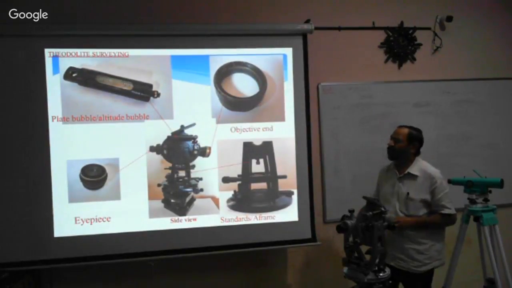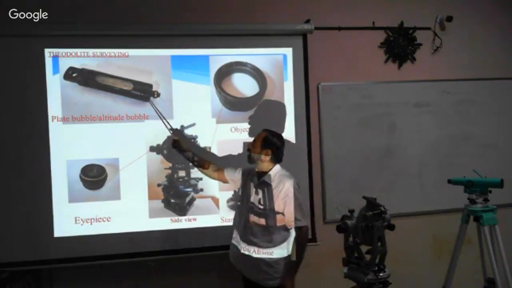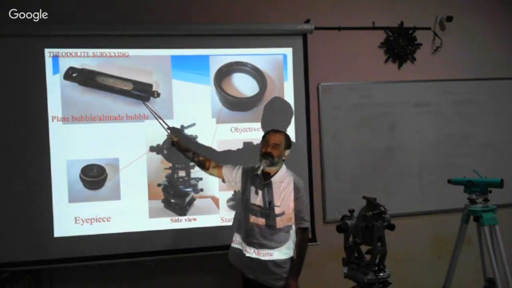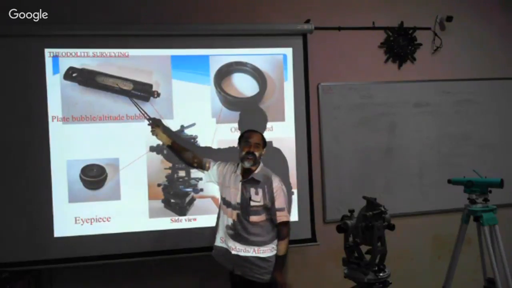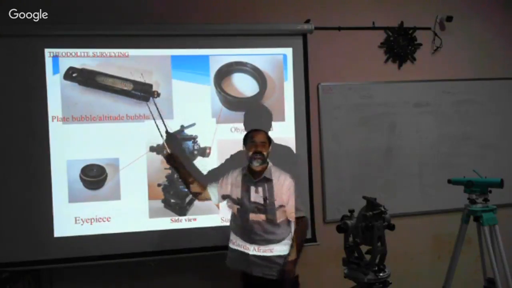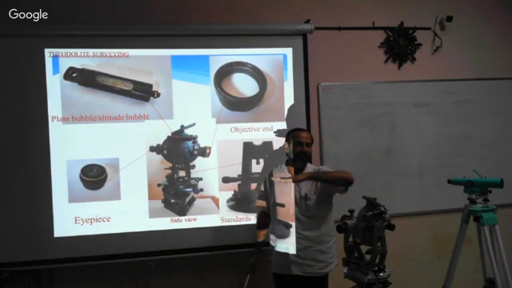Now you can see this. This is the bubble tube. I told you that the bubble should always be at the center. When the bubble is at the center, it is understood that the line of sight is horizontal, the instrument is leveled, isn't it?